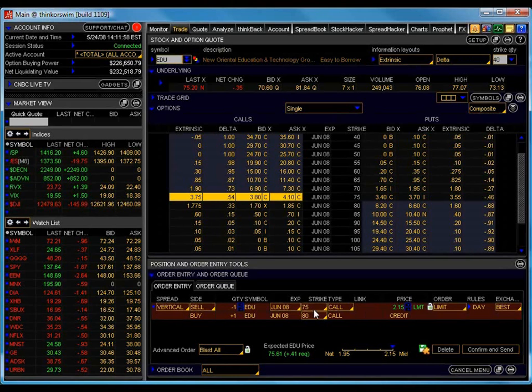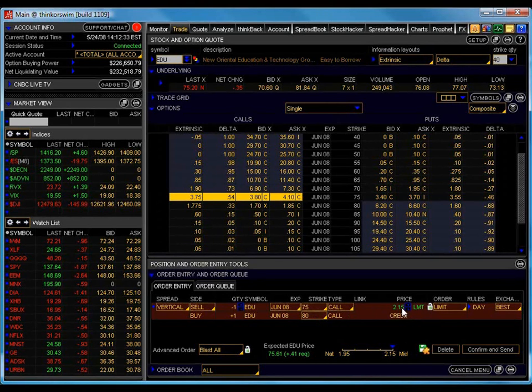And because this is a $5 wide strike, and we're receiving a $2.15 credit, what is the maximum loss on this position? Well, the maximum gain is the $2.15 credit that we received when we put this position on. The maximum loss is the difference between the $5 strike and the $2.15 credit that we will receive, which is $2.85.